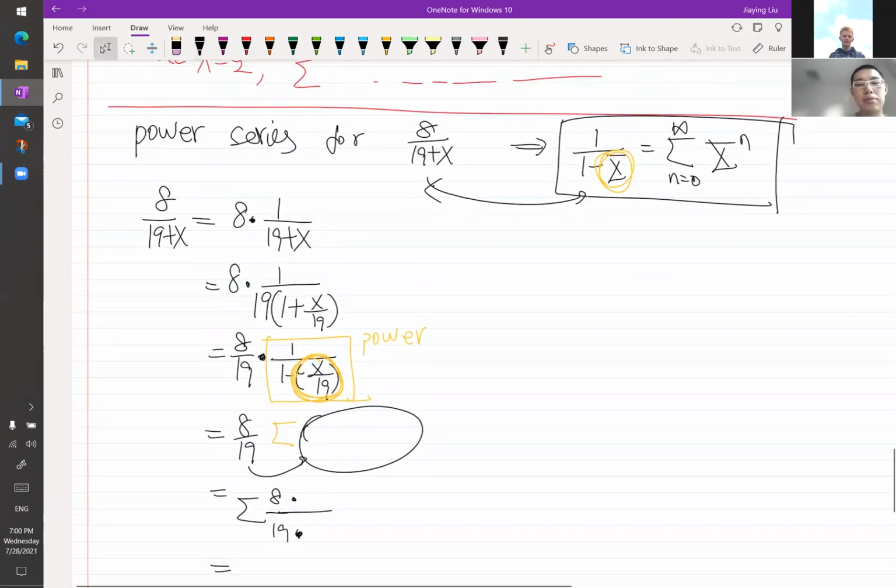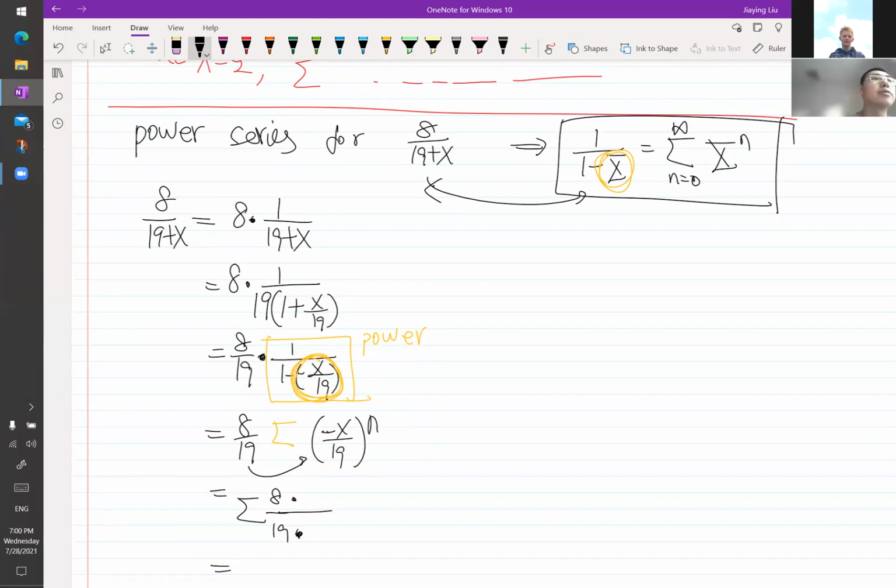Would it be x over negative or negative x over 15? Negative x over 19. Oh no, sorry, not over 15. Yeah, 19, raised to the nth power.